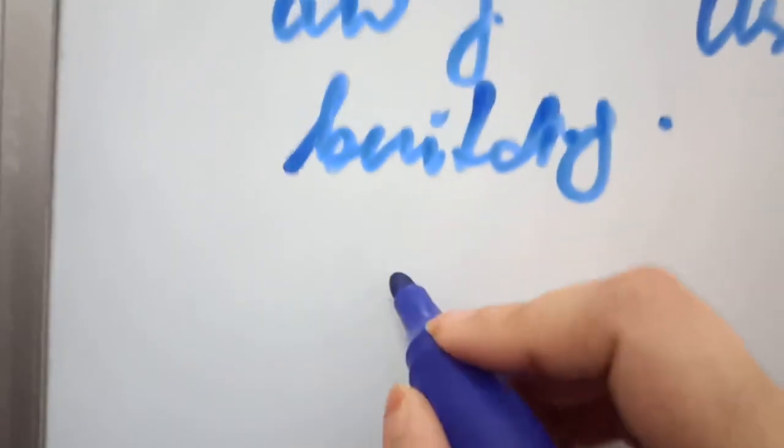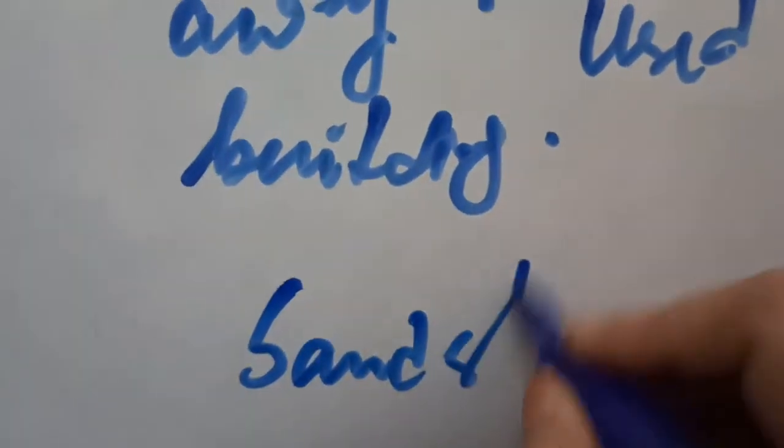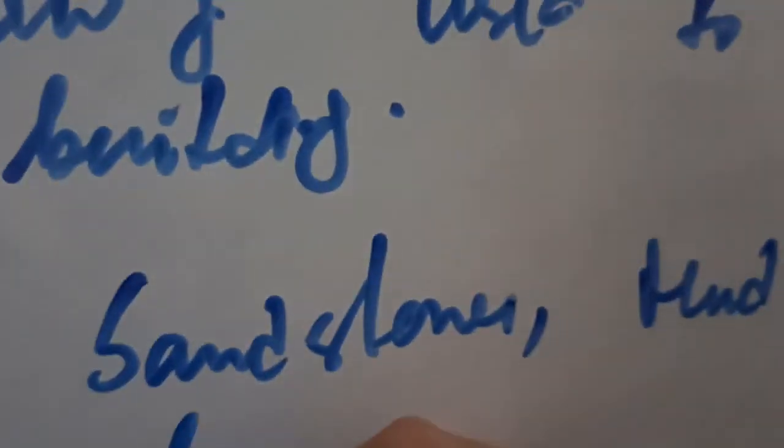Examples of some of the sedimentary rocks are sandstone, then mudstone, then limestone. So the limestone is used to make cement also.